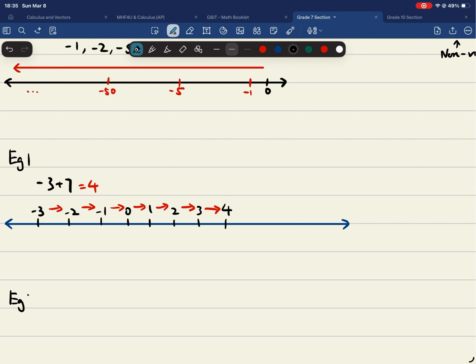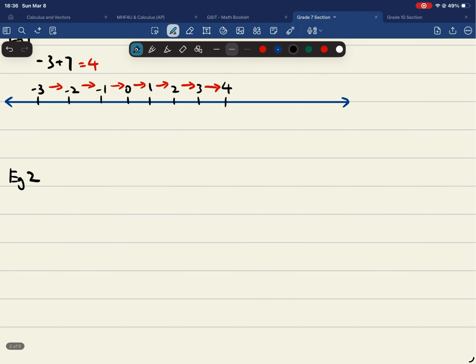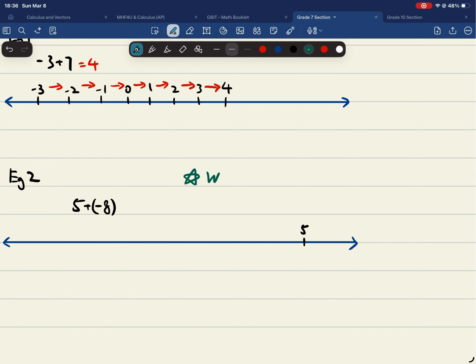So the second example will be 5 plus -8. For the same thing, we draw a number line and we start at 5. There is a very important thing, just don't miss it.